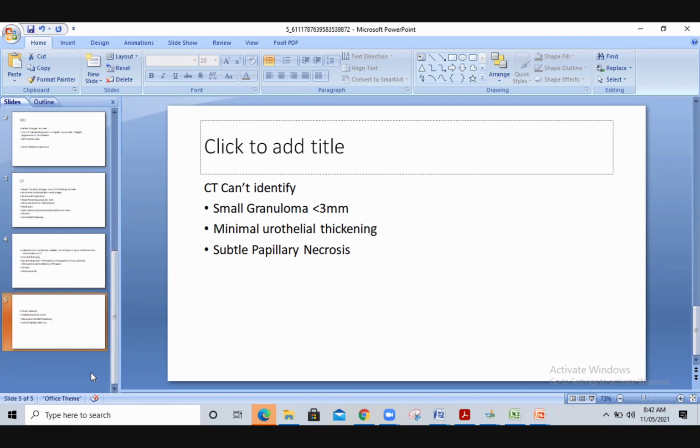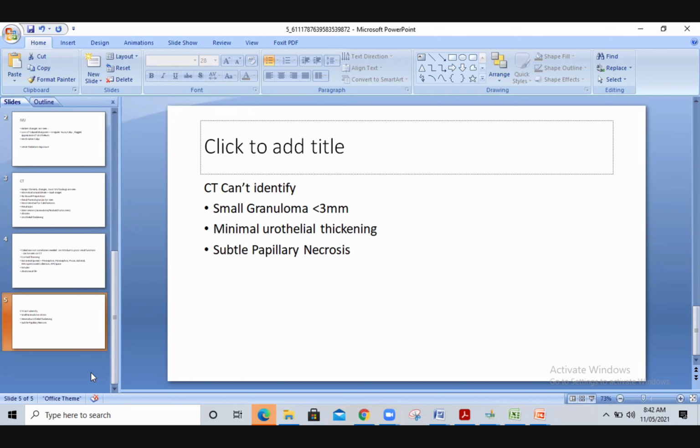Thank you, sir. There's one more advantage of CT. On an IVP we can do a PCNogram and all these things, but on a CT scan, if there is any extra renal fluid, all these things will be added.